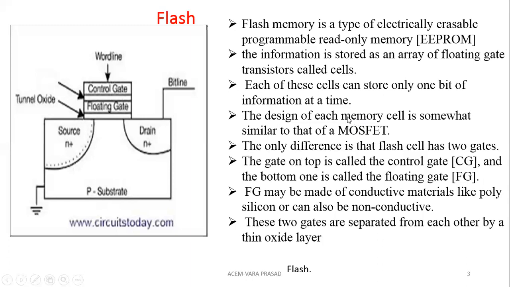The design of each memory cell is similar to a MOSFET. The only difference is that it has two gates. One gate is called the control gate and the other is called the floating gate. The floating gate is made with conductive or non-conductive material.